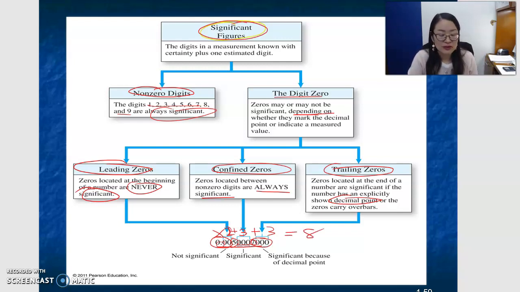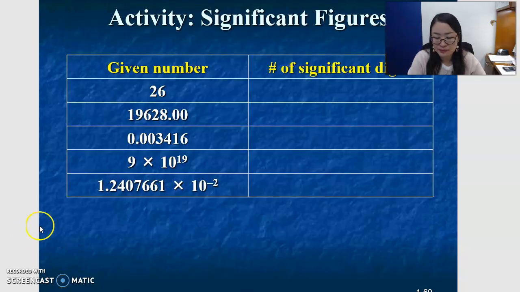Okay, so we are now familiar with all of the rules for determining the sig figs. Let's do some practice. Okay, so 26, all non-zero digits count, so it's 2 sig figs.